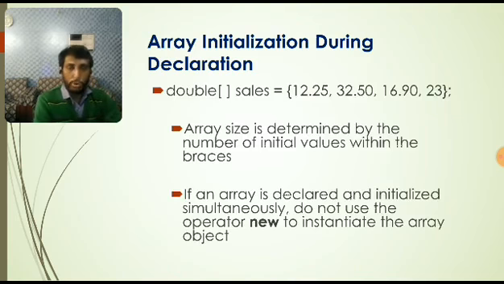This bracket is notifying this is an array, and the name of the array is cells, and it is initialized in the beginning itself by passing some values: 12.25, 32.50, 16.90 and 20. These are the values which are assigned to cells, and this cells is an array.